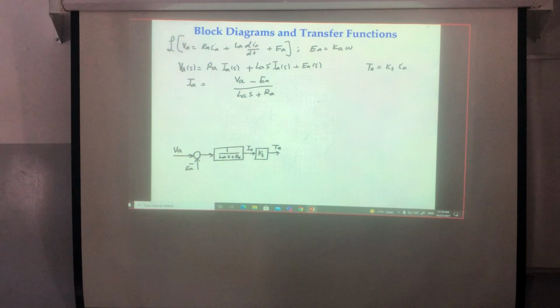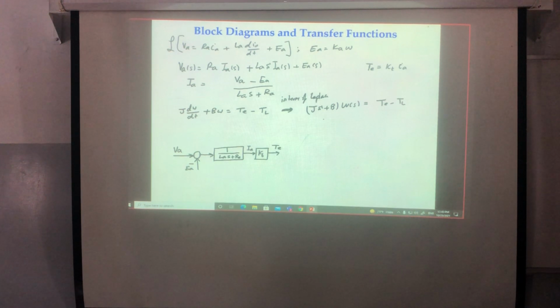So now let's write down the mechanical equation. J d omega by dt plus b omega is equal to TE minus TL. Now, in terms of Laplace, this will be J s plus B, all multiplied by omega of s, equal to TE minus TL.